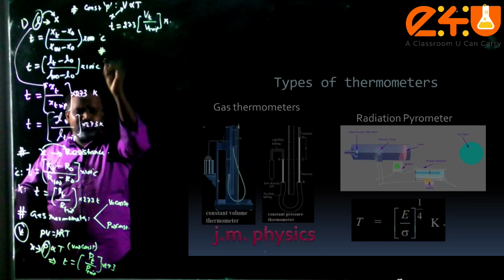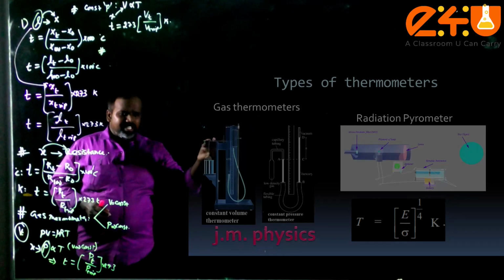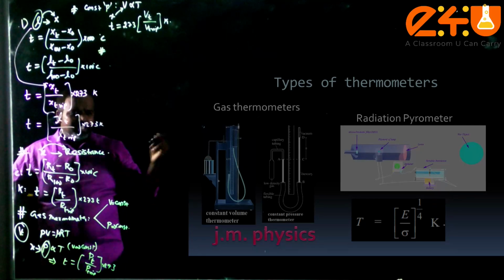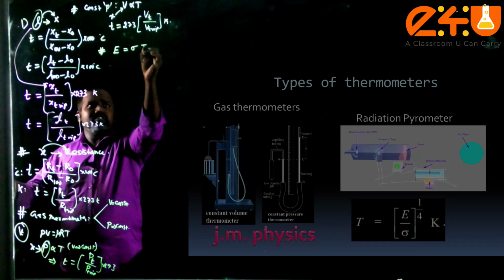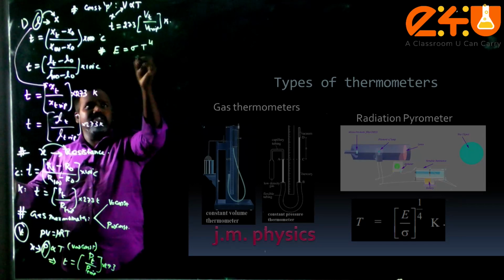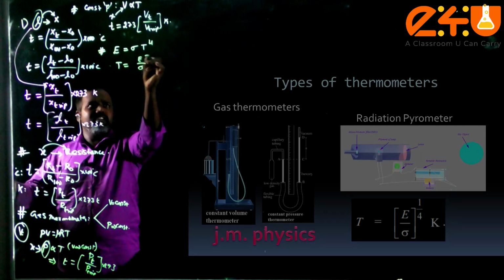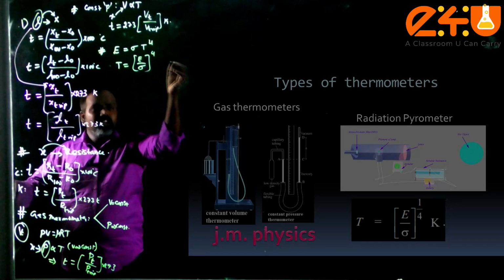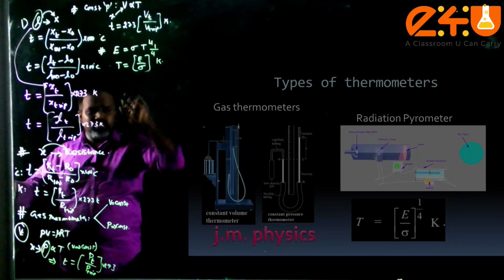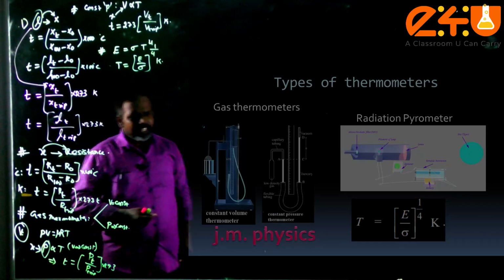It is generally used to measure very high temperatures, like the sun or other celestial bodies, because Stefan's law says E is equal to sigma T power 4, where sigma is the Stefan constant. From this, T is equal to (E by sigma) whole power 1 by 4, in the Kelvin scale. So the radiation pyrometer is used to measure very high temperatures.